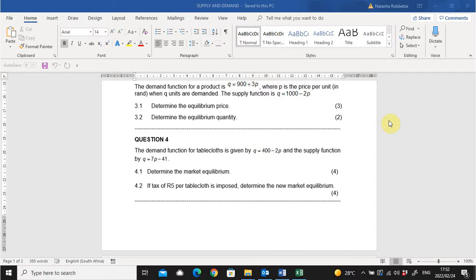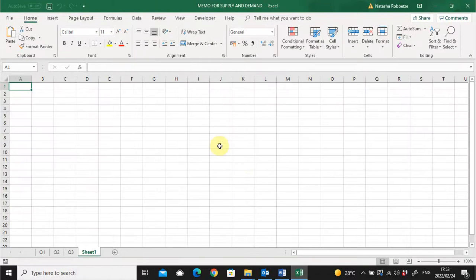Please remember that for market equilibrium, there are two things that we have to calculate, the quantity and the price. And then in 4.2, it says that a tax of 5 Rand is imposed per tablecloth. What is the new market equilibrium? All right, so let's solve question number 4.